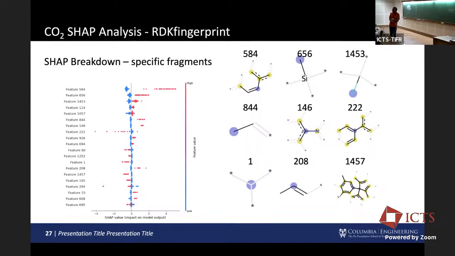It also corresponded to a benzene ring. So that's kind of weird, right? Because what have I done? I took a fingerprint vector where I had each part of the molecule written down as a bit, 0 or 1, right? And then I go back and ask which of those bits really matter. And what I'm finding is that that bit's pointing to different subgroups. In this case, it's a double bond. The other, it also points into a benzene ring.